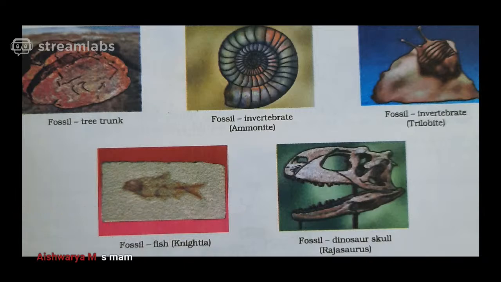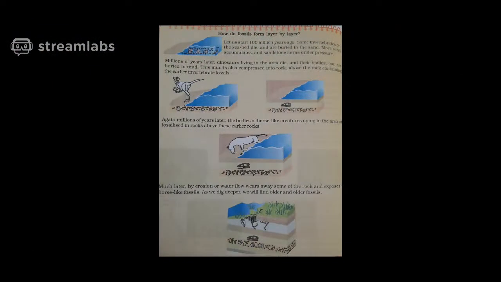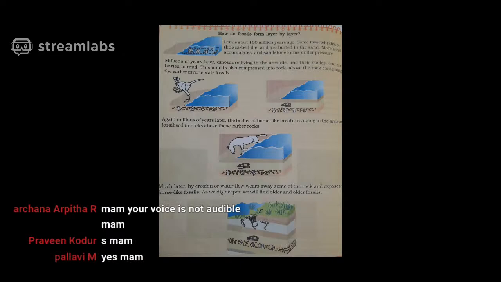And how do these fossils get accumulated in the layers? Look at the images. The first one is about a 100 billion years old fossil, and it has been accumulated in the sandstone. Under high pressure, the parts are still available, and those available parts are called fossils.